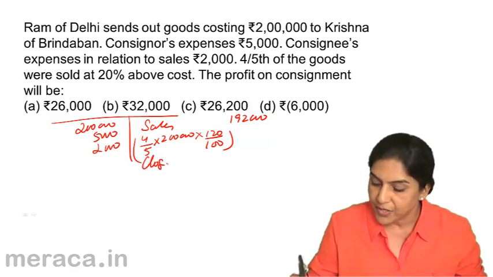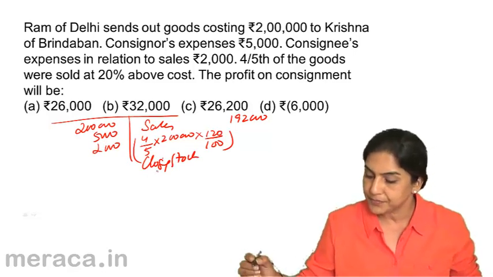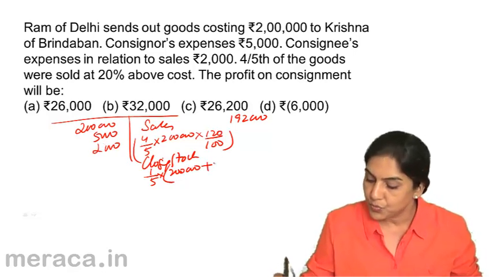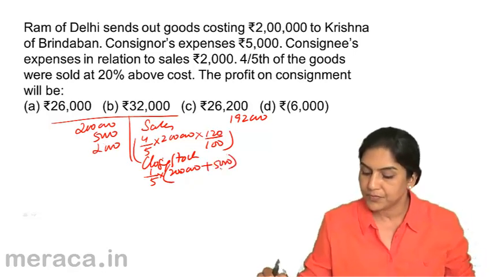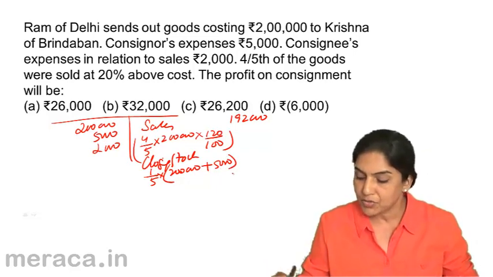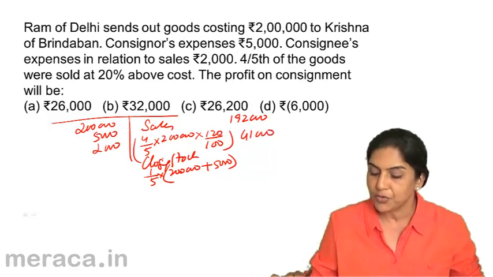And what is the value of this closing stock? Closing stock is 1/5 of 2 lakh plus 5,000. Therefore, you get 40,000 plus 1,000, 41,000 is the value of closing stock.